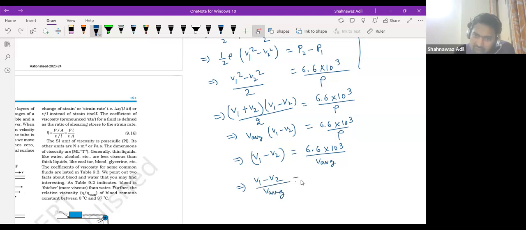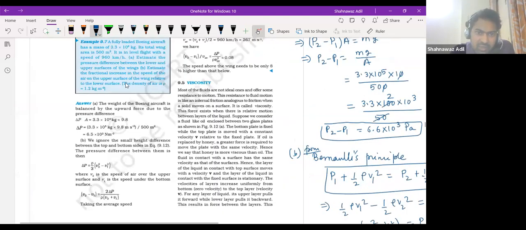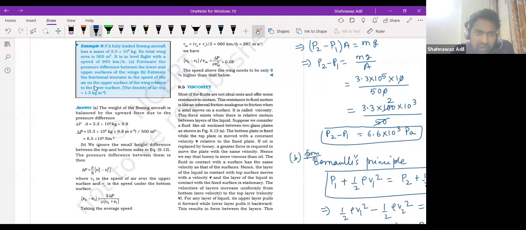That would be 6.62 into 10 to the power 3 over V average. This is the thing, because we want to estimate the fractional increase in the speed of air, right? Okay.